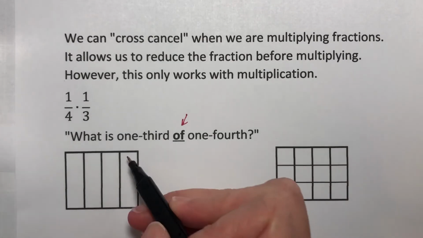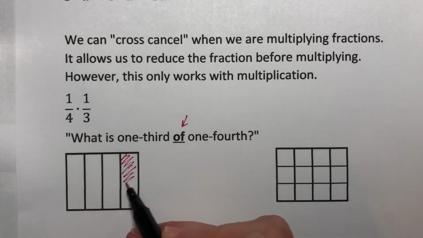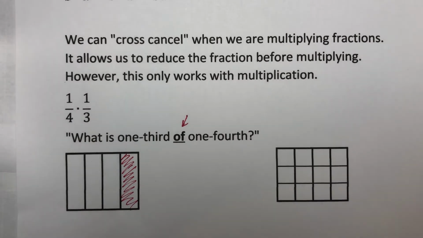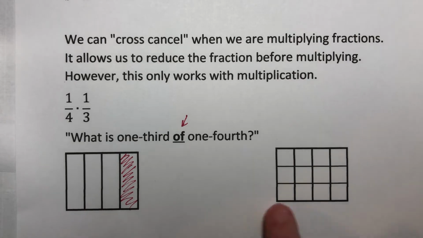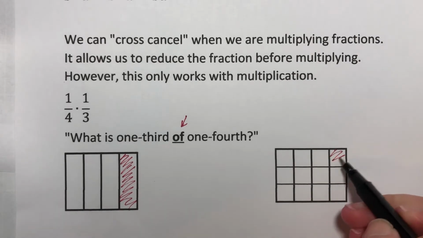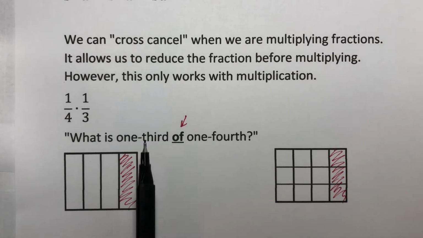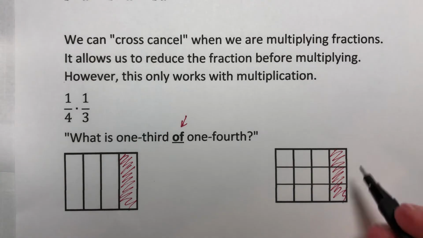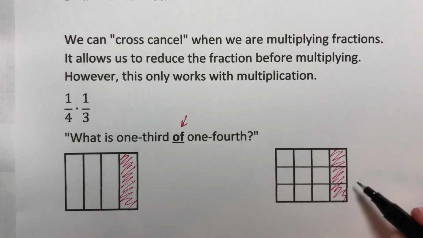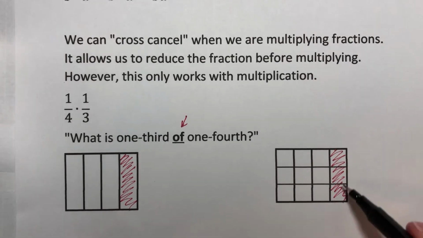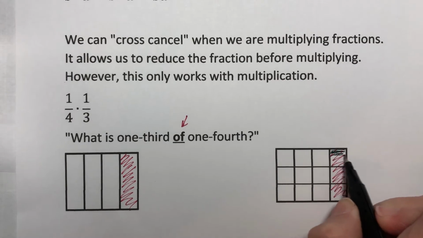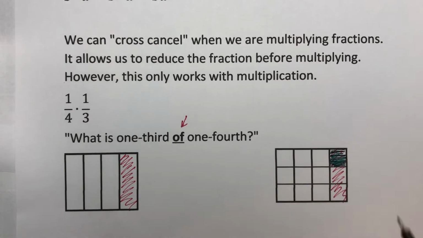1/4 of this would be that, right? That's 1/4. And so 1/4 of this is still that. Now, what is 1/3 of 1/4? Well, this is 1/4, and now it's broken up into 3 pieces, right? So 1/3 of 1/4 is that part right there, right?